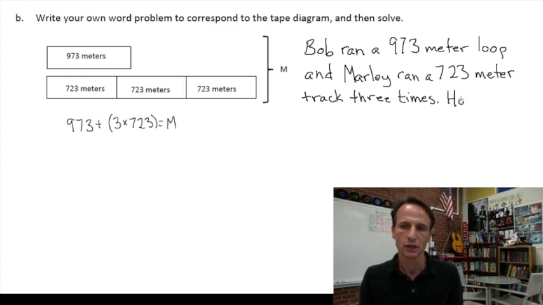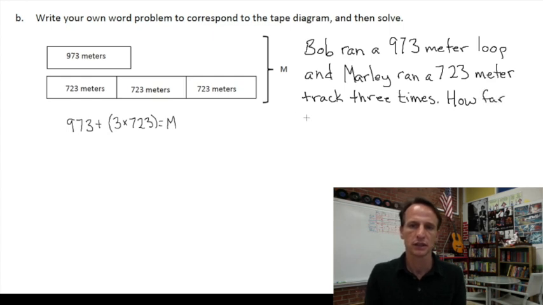So how far did they run all together? And that would be our M.